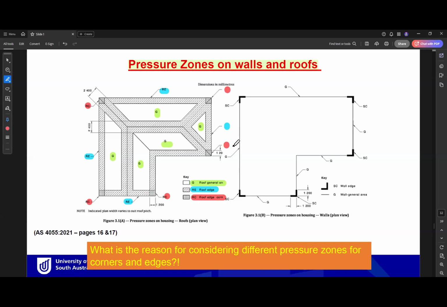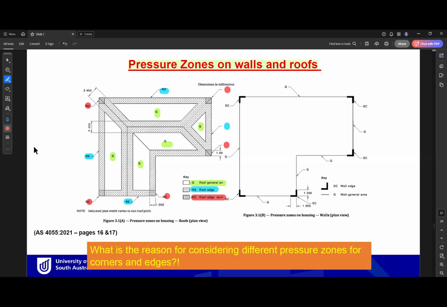So the roof in the standard is subdivided into three main locations: general areas, roof edge areas, and roof edge corners. If you remember our last week tutorial, we mentioned that the purlin spacing is smaller near the edge.